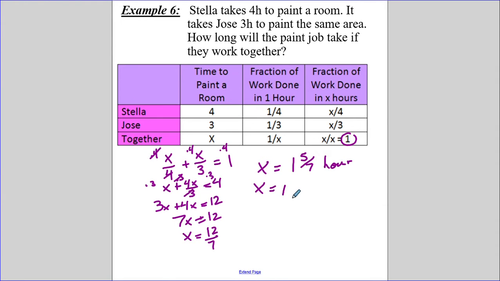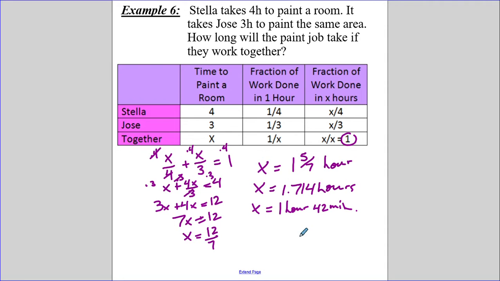So 1.714 hours. And if I wanted to know how many minutes that was, just out of curiosity, another way to say the answer is that it takes about an hour and 42 minutes to paint the room. Okay, give or take.